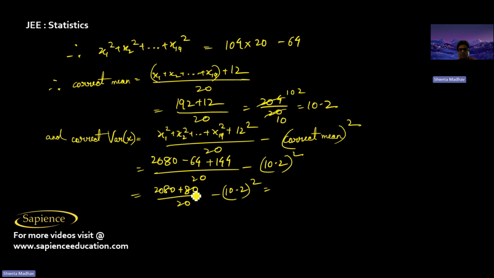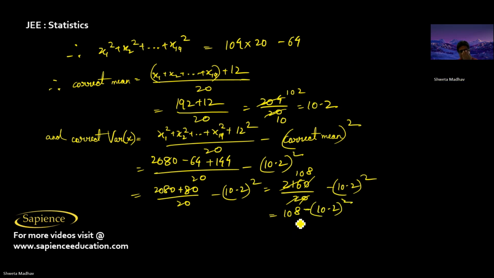So this will be equal to 2160 by 20 minus 10.2 whole square. So this is 108 minus 10.2 whole square. 10.2 whole square means 10 square, 100, plus 0.2 square, 0.04, plus 2ab, so 2 into 0.2, 0.4, into 10, that is 4.